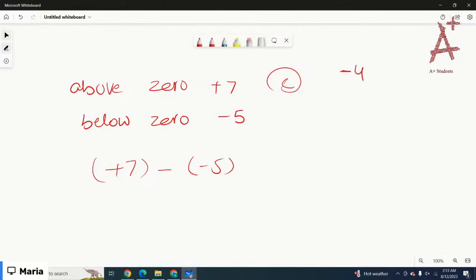That would be represented by negative 4. And 9 degrees C above 0, that would be represented by, sorry, positive number above 0 it is. So it would be negative 4 minus positive 9, right? You have to evaluate. You can do minus 4 minus 9. That would be negative 13. That means the difference in temperature is negative 13, right?